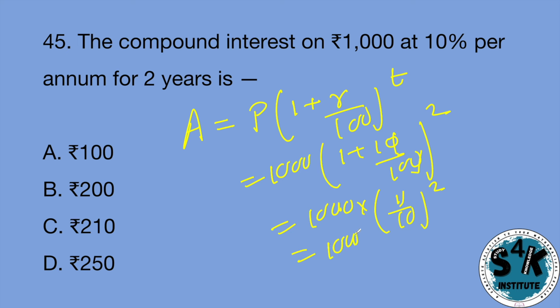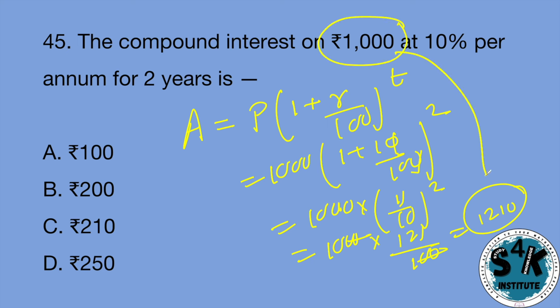It becomes 1000 into 121 divided by 100. 20 cancel. It becomes 1210. Okay. Initially the amount was 1000. Now it becomes 1210. So actually the compound interest is 210, because amount is equal to principal plus compound interest. Amount is 1210, principal is 1000, and you need to calculate compound interest.